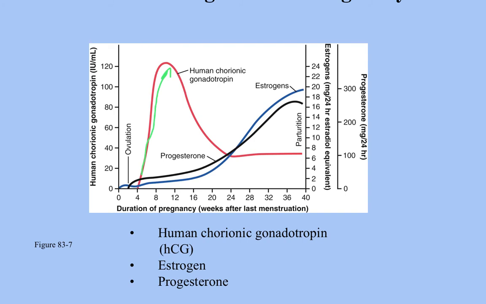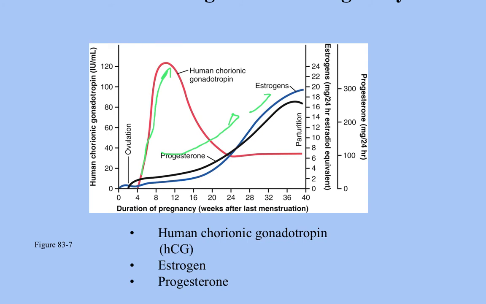And then after the first trimester, the placenta begins taking over the production of estrogen and progesterone. And so as that placenta gets bigger, it's going to secrete more progesterone and more estrogen up until estrogen eventually becomes a more dominant steroid hormone compared to progesterone.